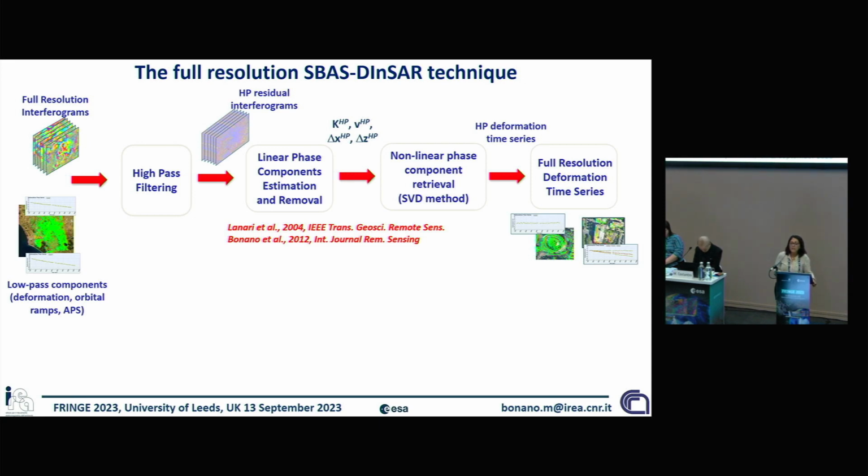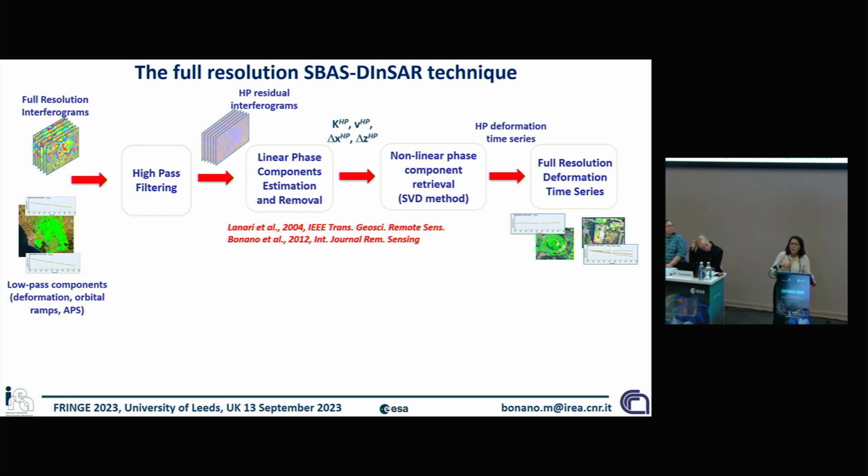The linear phase components are relevant to the velocity, the topography, the residual topography with respect to the DEM, the thermal dilation, which is basically associated with metallic infrastructure, and, whenever available, the azimuthal position, which depends on the availability of various Doppler centroids on the data stacks.